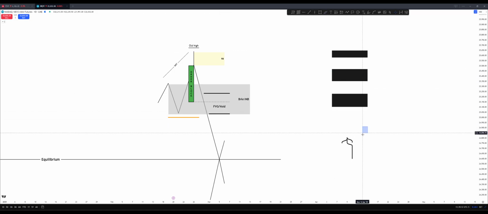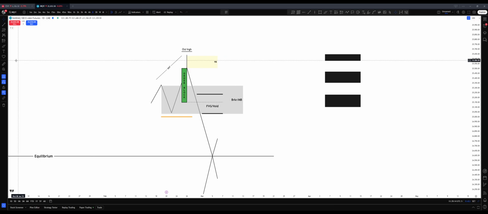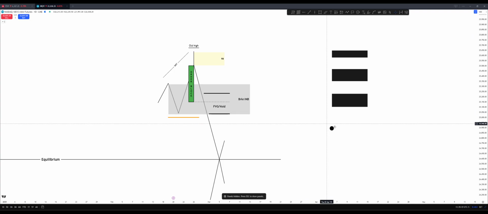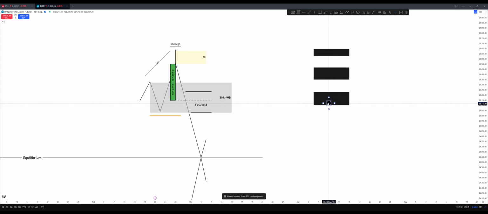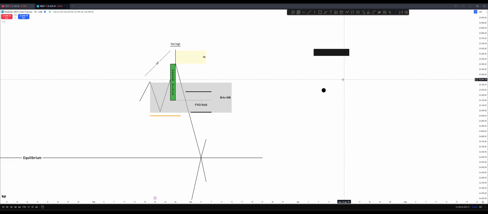It's like a ball. Let me get the ball. Price hits this, breaks. So this bouncy ball, where can it bounce off again, off this wall? If not, it's gonna break this. What if it breaks this? Then it needs to bounce off this wall.